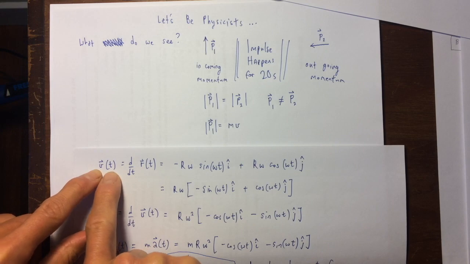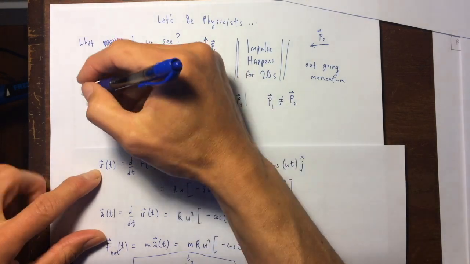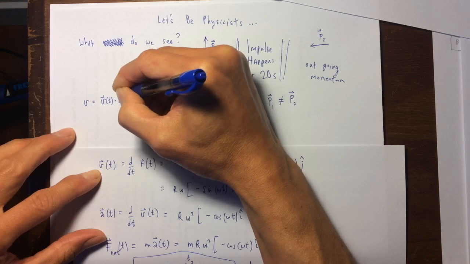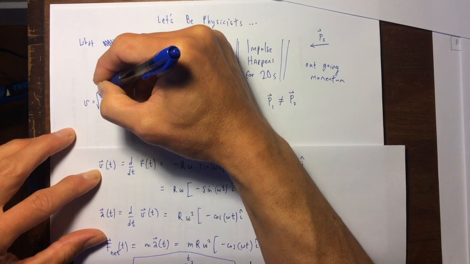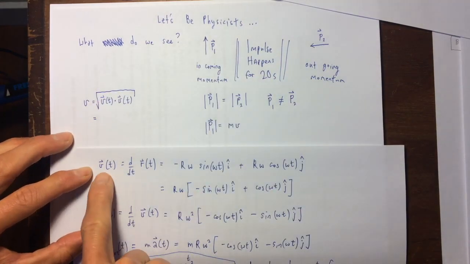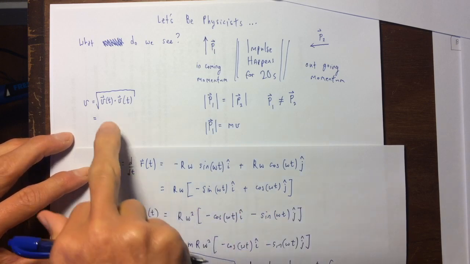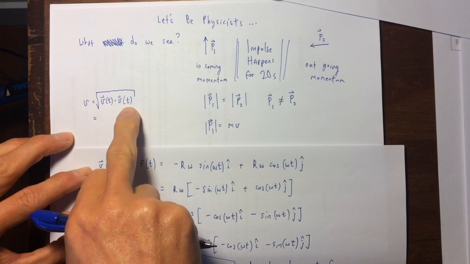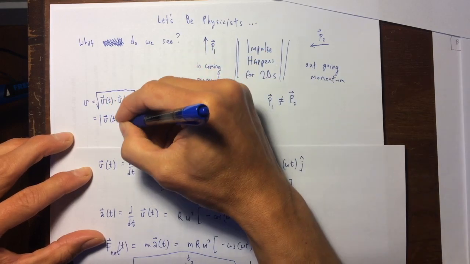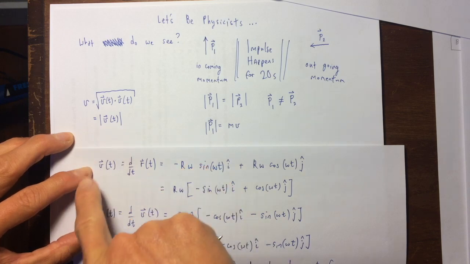If I ask what is the magnitude of v, it's the result of taking the square root of the dot product of v with itself, using this v of t that we have for uniform circular motion. This is what's meant by the magnitude of a vector: the square root of the dot product of a vector with itself.